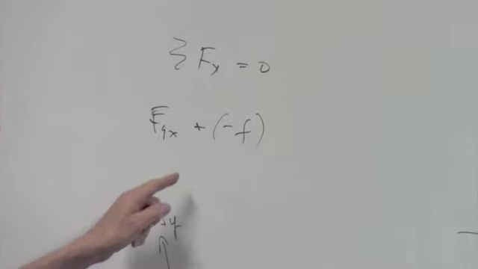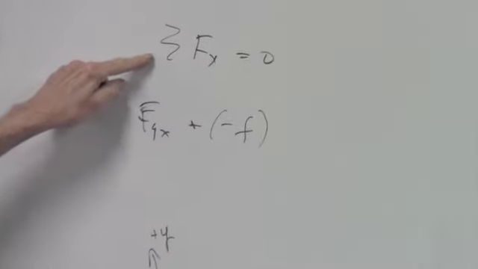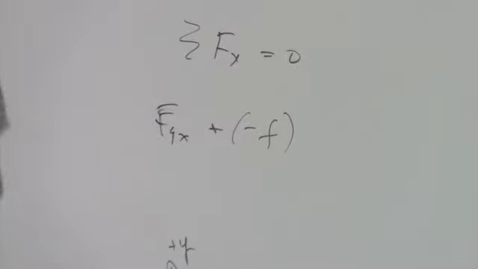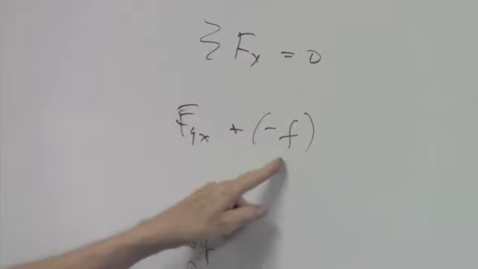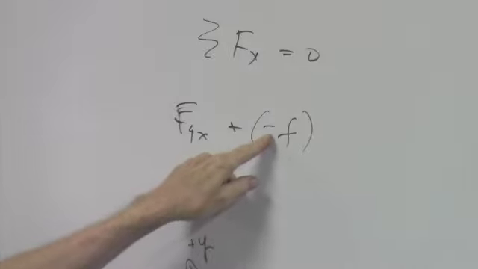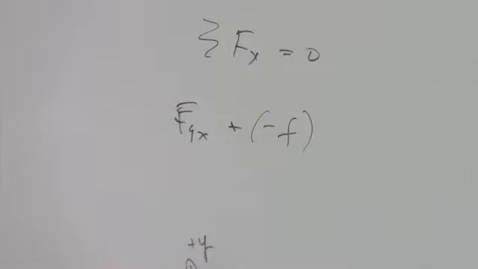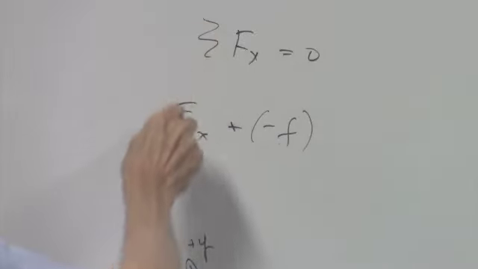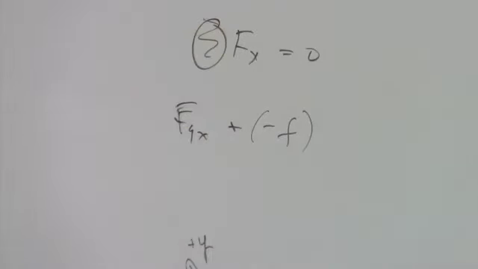So I like to put the sum of the forces, which means you add up the forces, and this force happens to be in the minus x direction, so I put a minus sign there. I'm writing the sum of the forces, which means this force plus that force plus this force and so forth.